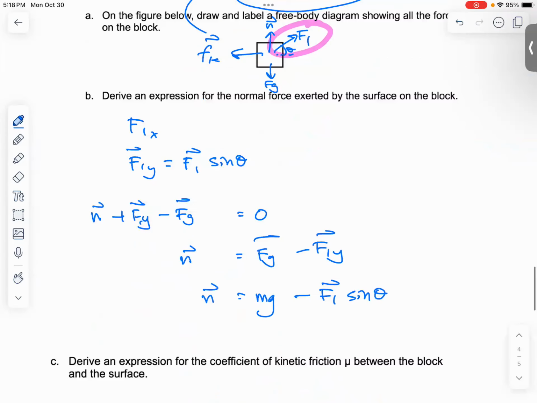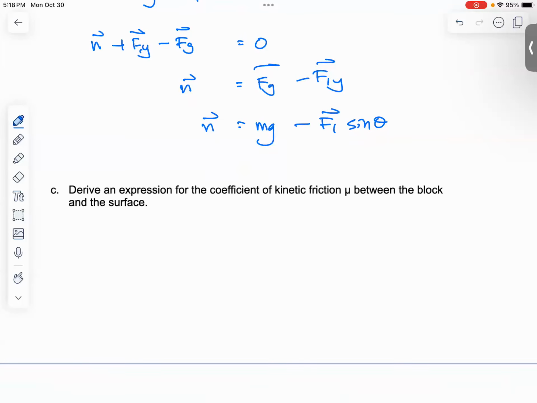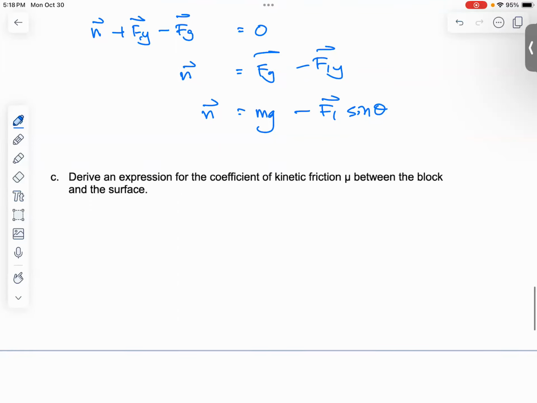The acceleration is a1. So derive an expression for the coefficient of friction. F net is not 0. You're correct. F net is not 0 in this case, in the x direction.